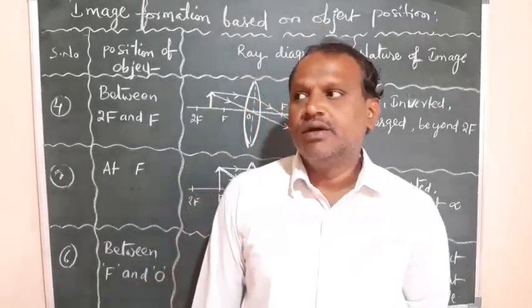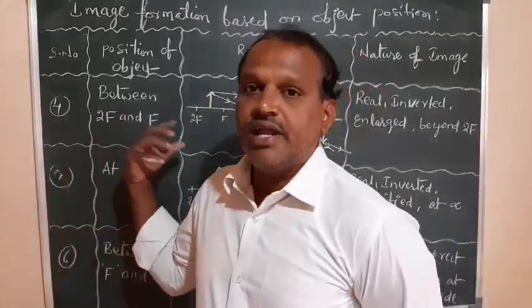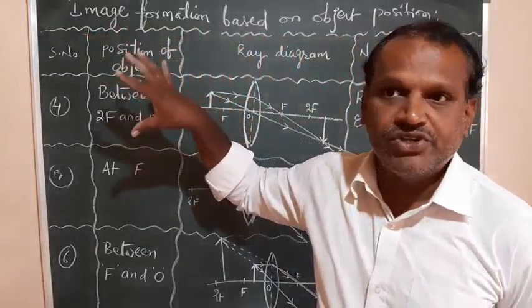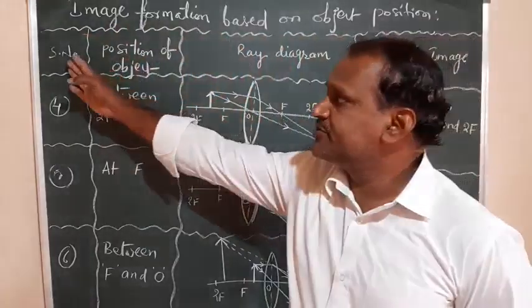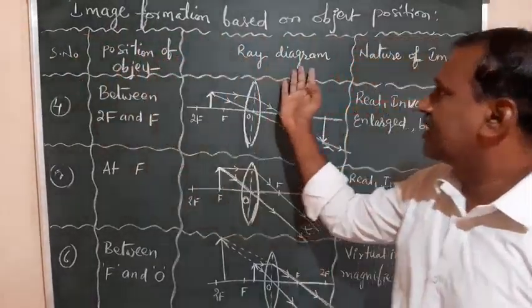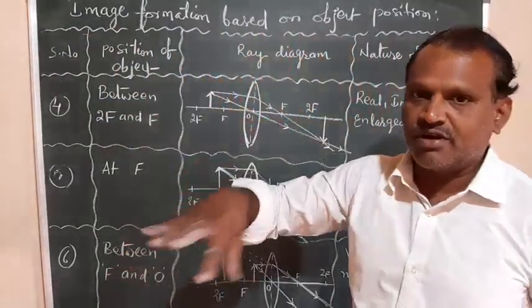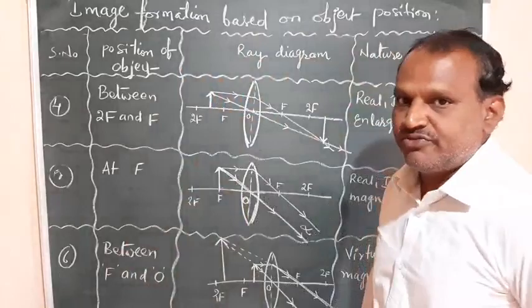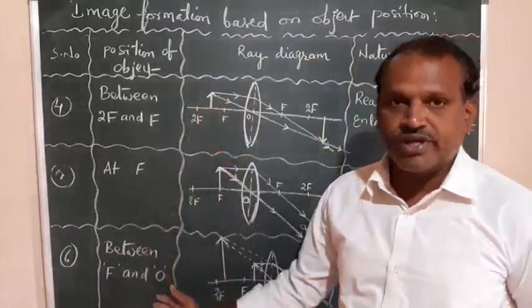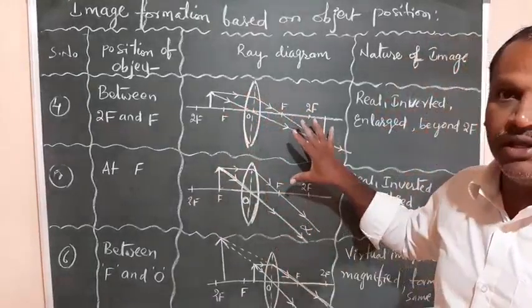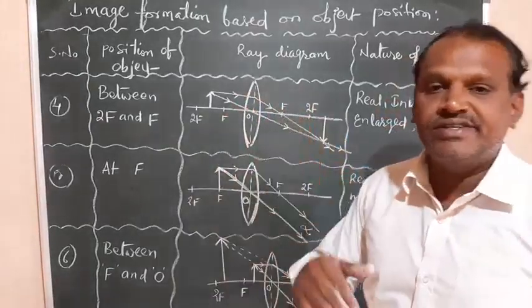Draw these ray diagrams properly and make a table. Take a white page and put these columns: serial number, position of the object, ray diagram, and nature of the image. The first 3 cases are already given in your first video, and in this video the remaining cases are there. So draw these ray diagrams properly, make notes, and send them to me, okay.